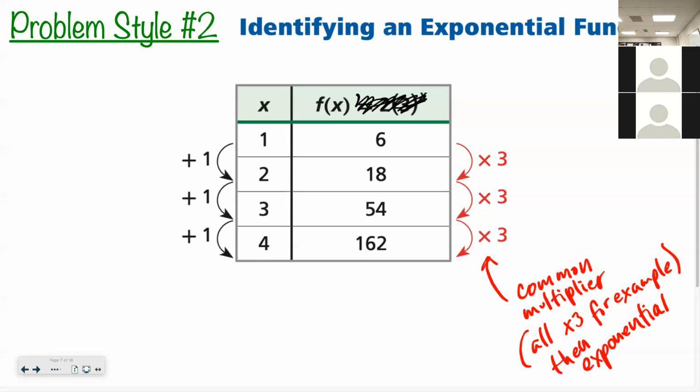For this to be exponential, it has to be a multiplier. That's all we're going to look for. You normally aren't going to have the equation. But because the equation was 3 to the x, that's why you're multiplying by 3 a bunch of times.